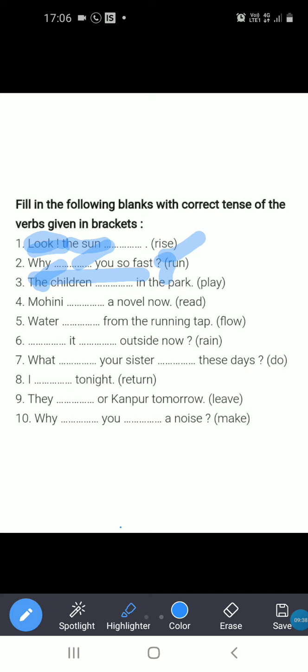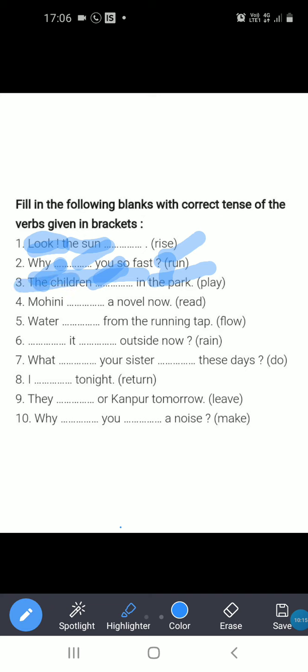Here you is the subject, and you is plural, so we will write the plural form of auxiliary verb, that is are. Why are you so fast? Then run is given here, we will add ing. When we add ing, we mark double n, running. Why are you running so fast?